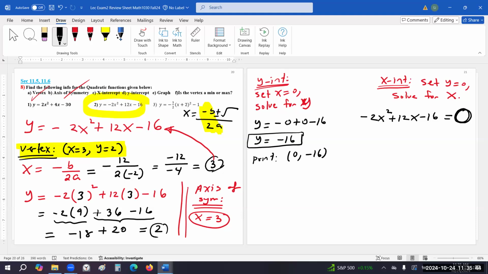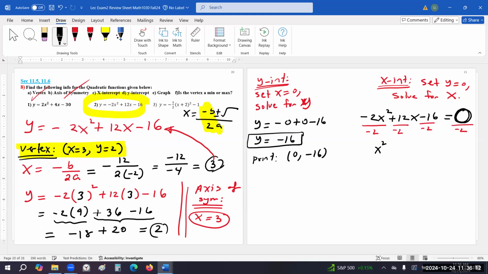What do you observe about all the numbers? They all are divisible by 2. But you're not going to divide by only 2, right? Because you have a negative 2 in the front. So we're going to divide everything by negative 2.